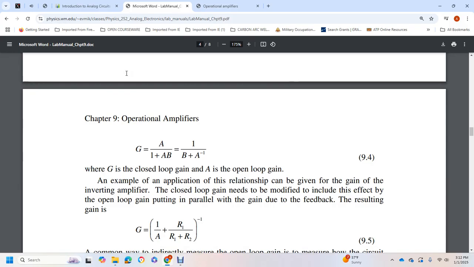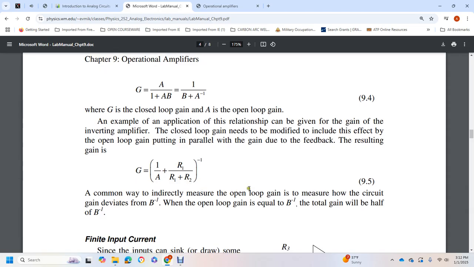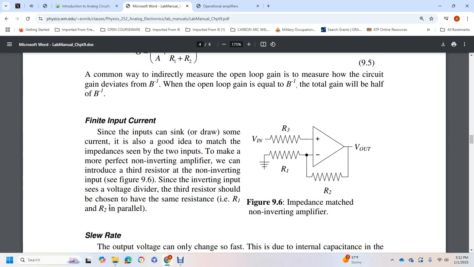An example of applying this relationship is the gain of an inverting amplifier, where the closed loop gain needs to be modified to include the effect of the open loop gain, putting it in parallel with the gain due to the feedback, resulting in gain equals 1 over (1 over A plus resistor 1 over resistor 1 plus resistor 2), to the negative first. A common way to indirectly measure the open loop gain is to measure the closed loop circuit gain, since the open loop gain is equal to B to the negative first total gain.